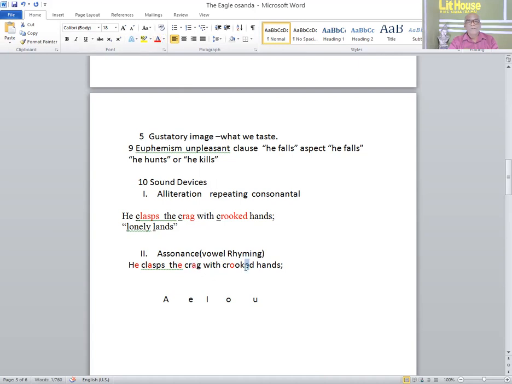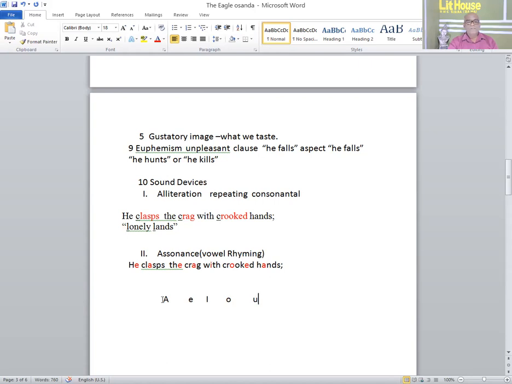Here E, and with hands, A. Now there are 4 vowel letters: E, A, I, O. 4 vowel letters.